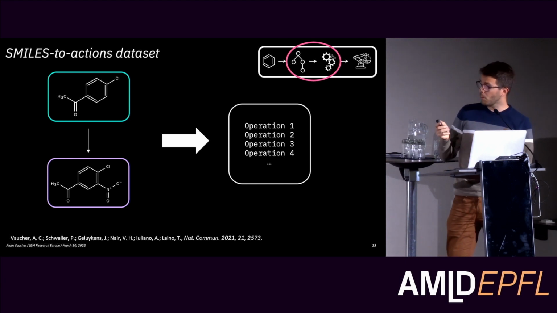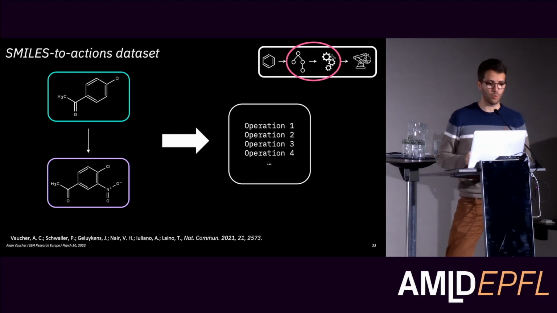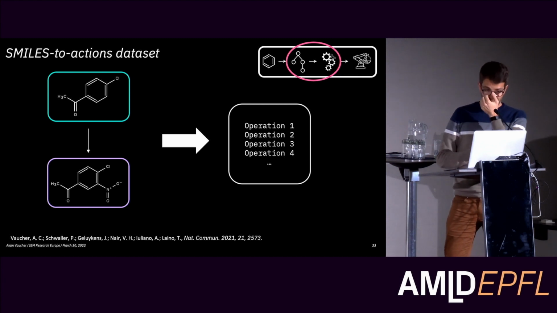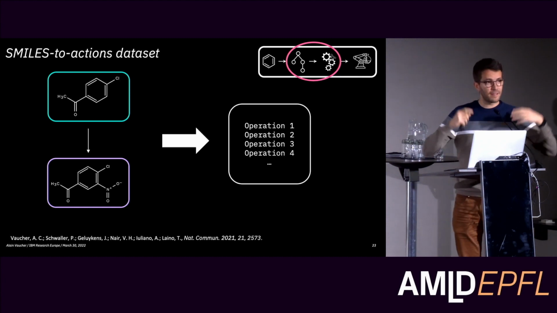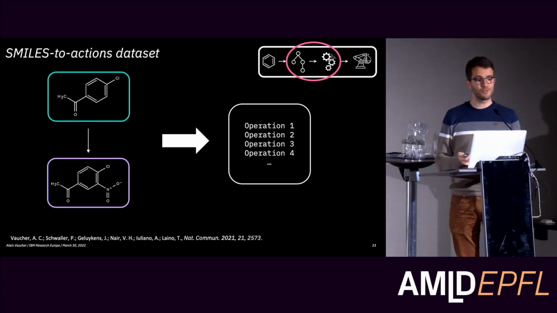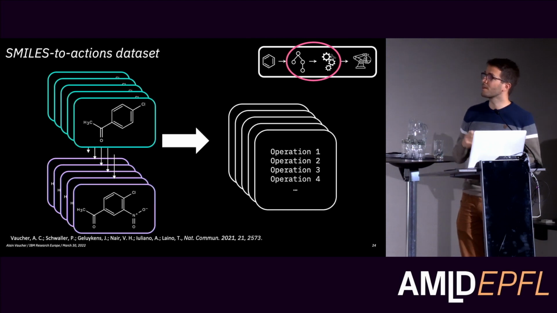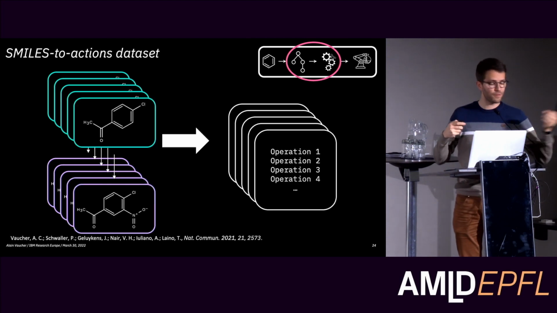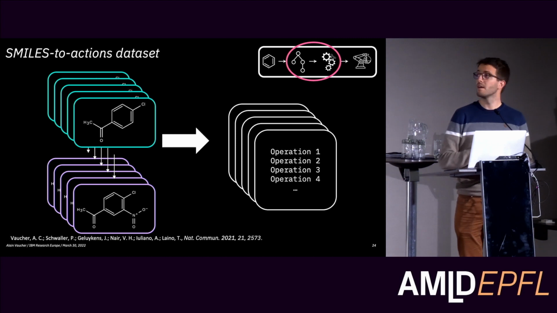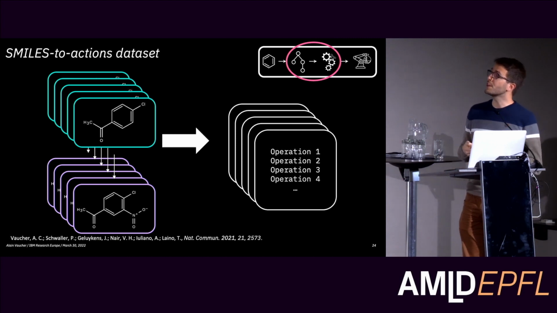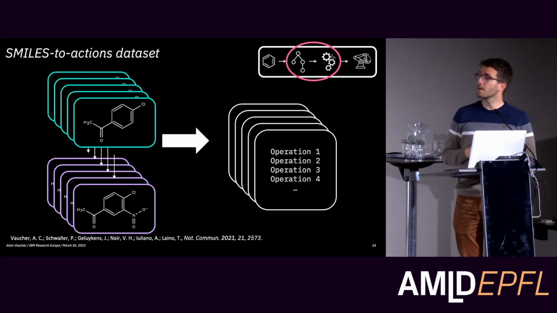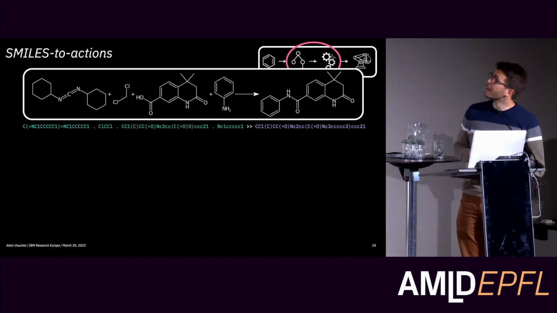As a reminder, we wanted to generate or to predict the actions starting from a chemical equation. And so with a set of experimental procedures from the patents, and using this paragraph to actions model that I presented earlier, we were able to generate such a data set and train a model on it.